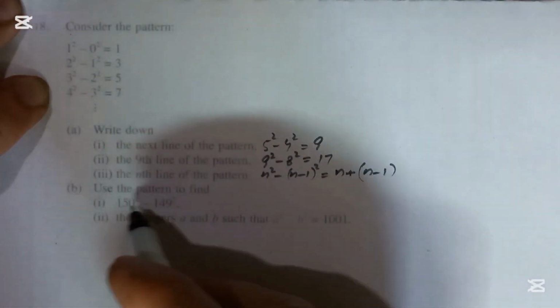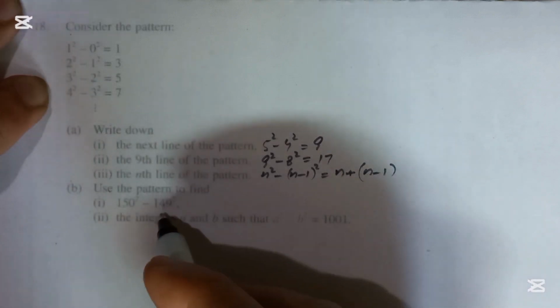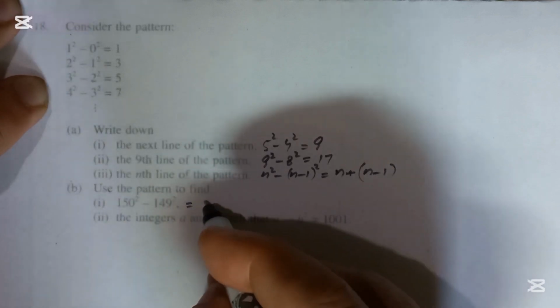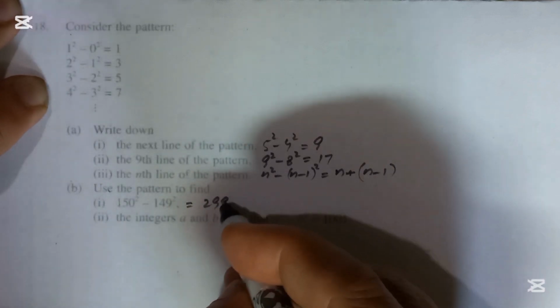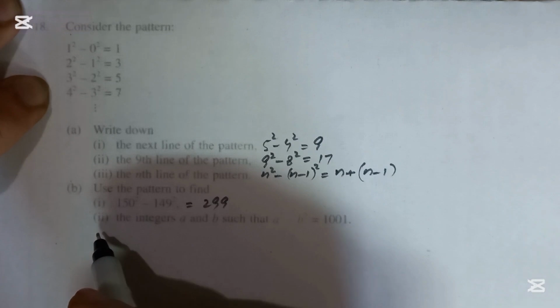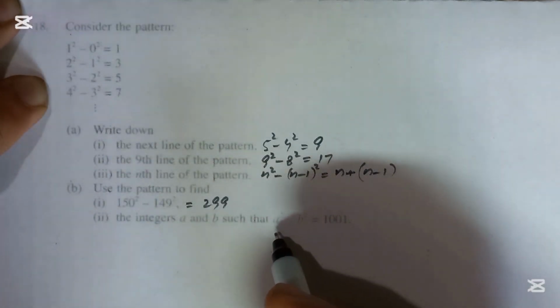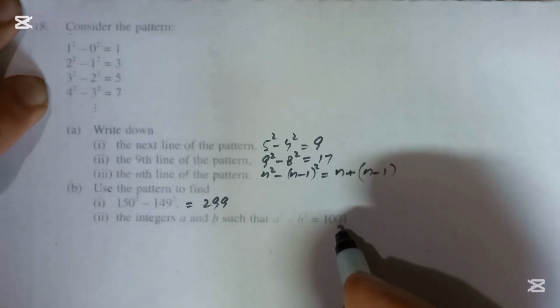Likewise, the next requirement is to use the pattern to find 150 square minus 149 square. So 150 plus 149 will be equal to 299. And the last part requires integers a and b such that a square minus b square is equal to 101.